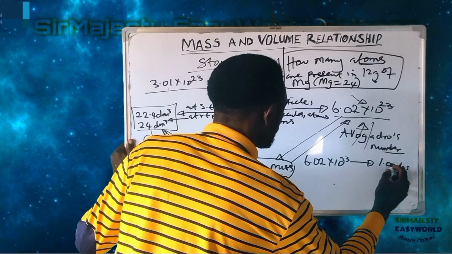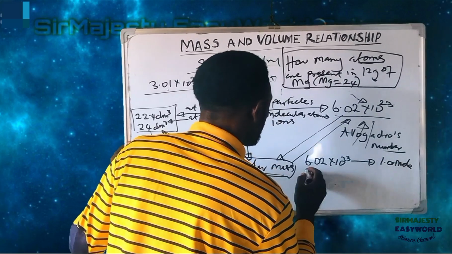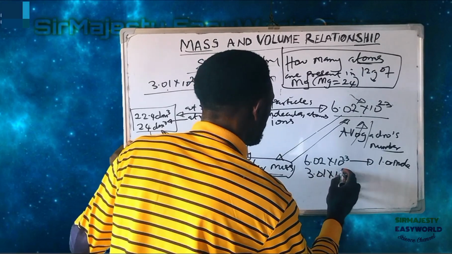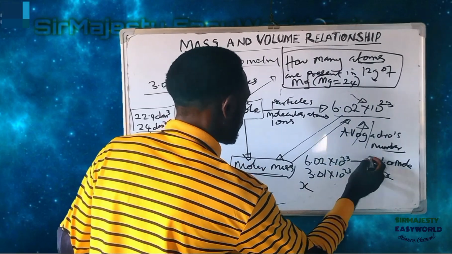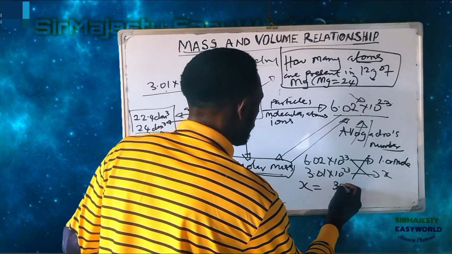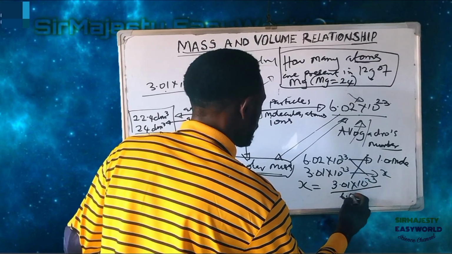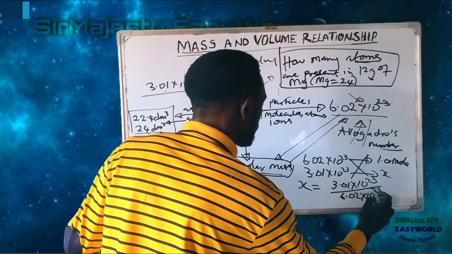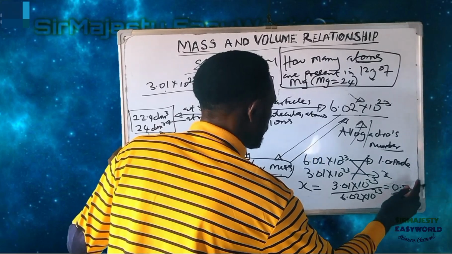Then 3.01 times 10 raised to the power 23 will contain x. If you cross multiply, x will be equal to 3.01 times 10 raised to the power 23 all over 6.02 times 10 raised to the power 23. At the end, you get 0.5 moles as your answer.